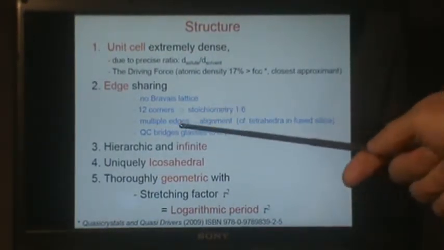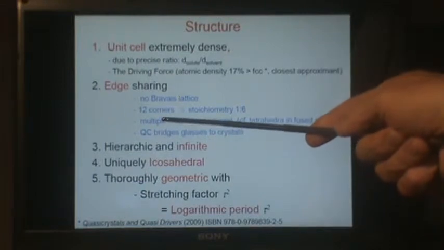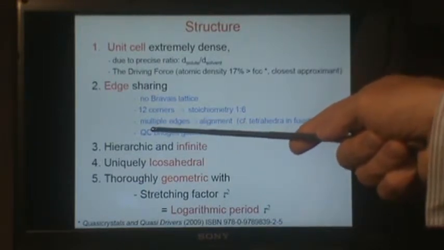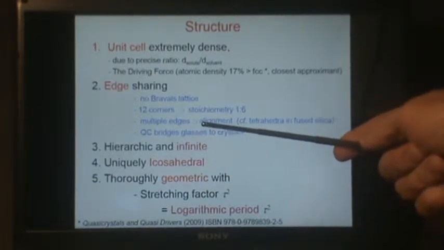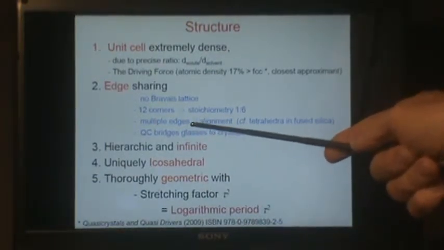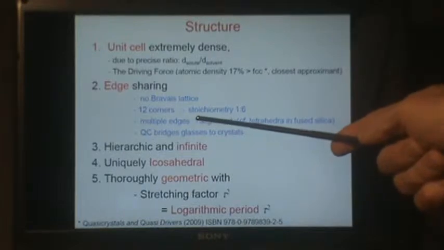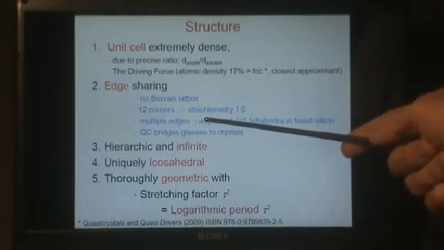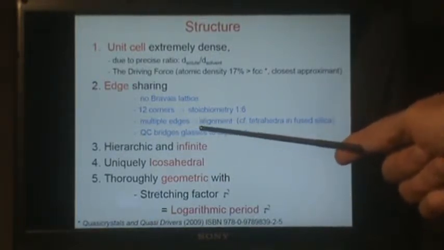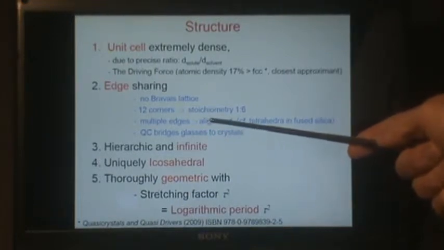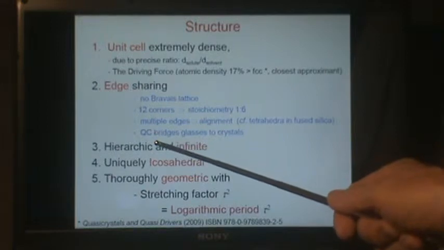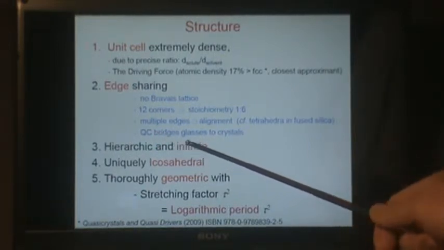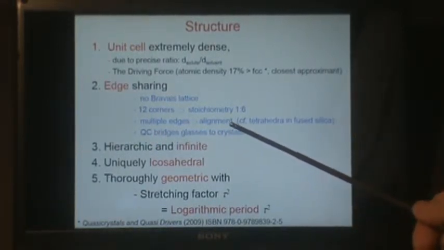Thirdly, the unit cells are edge sharing with multiple edges, and the result is that they're aligned, as you just saw in the model. This alignment is different from the dense tetrahedra in fused silica, which are misaligned. And it illustrates the simple fact that quasi-crystals bridge the structures between glasses and crystals.